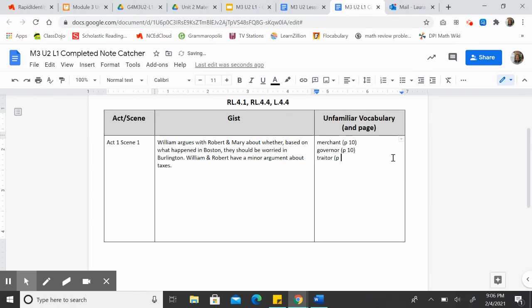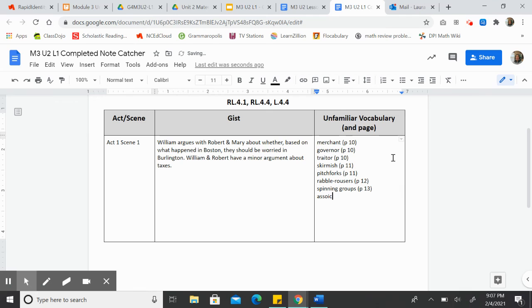Trader on page 10. Skirmish on page 11. Pitchforks on page 11. Rabble rousers on page 12. Spinning groups on page 13.